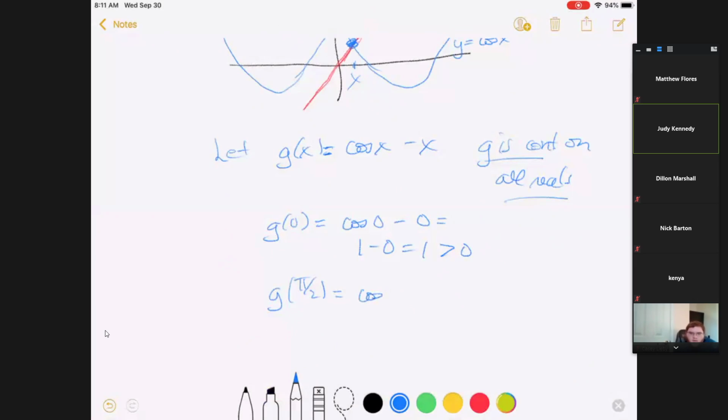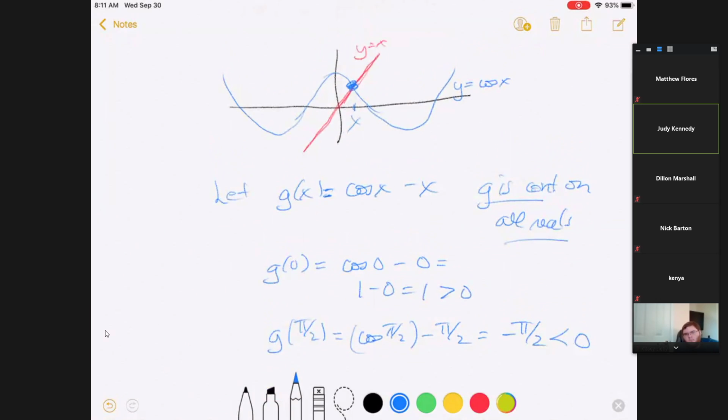That would be the cosine of pi over 2 minus pi over 2. Cosine of pi over 2 is 0. This is minus pi over 2, and that's less than 0. So I looked at what happens there and what happens there.